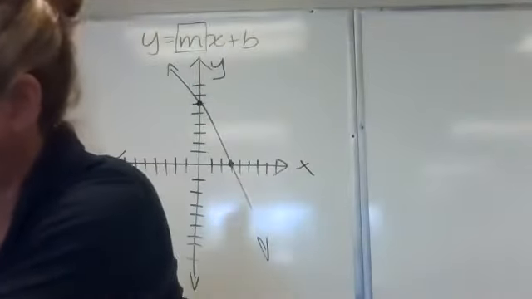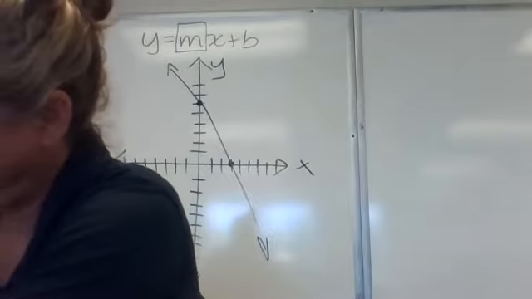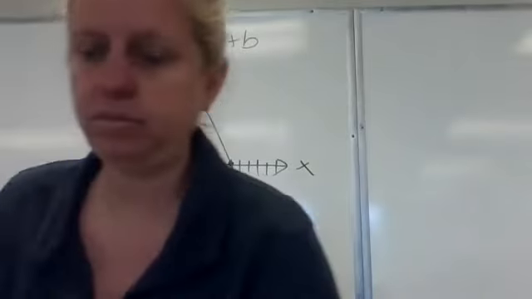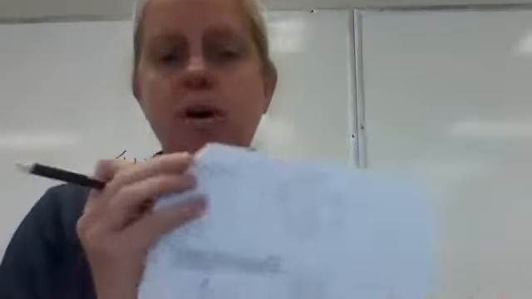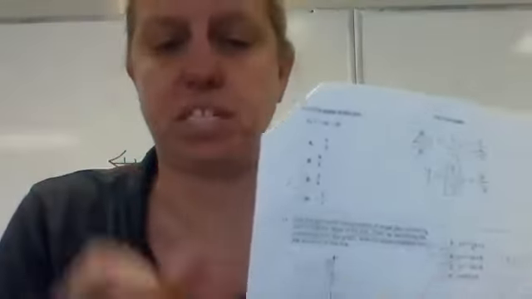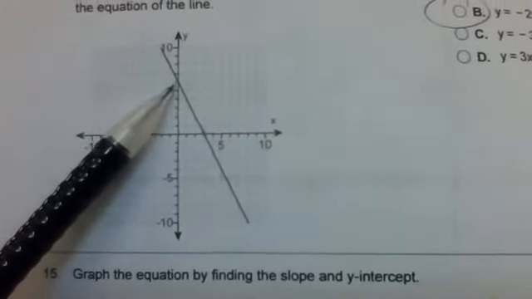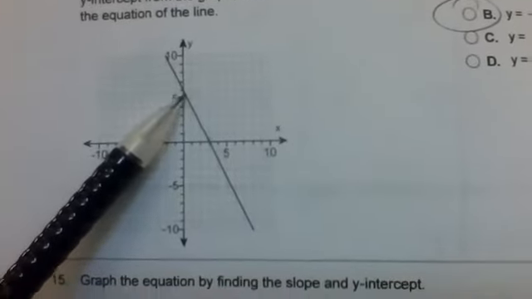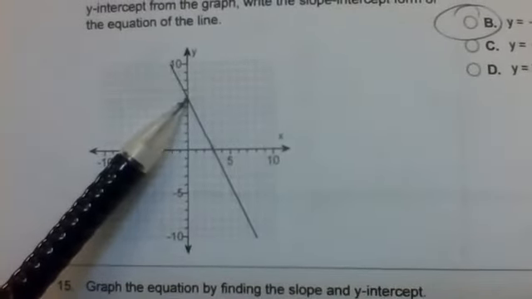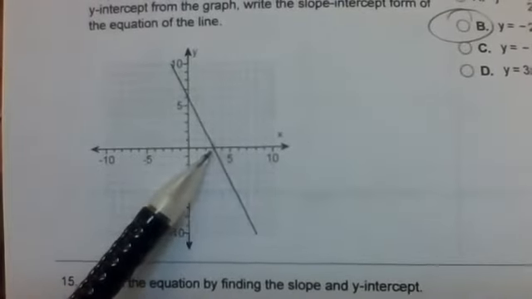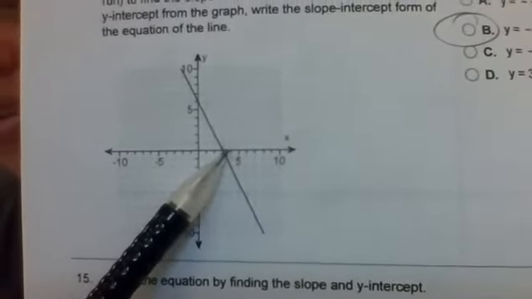It didn't even put points on them, but let me show you. Hang on, let me erase this. So if I'm going to use the rise and the run, I have to have 2 very specific points. But if you look at this, it is crossing through the y-axis at +6, and it's crossing through the x-axis at +3.